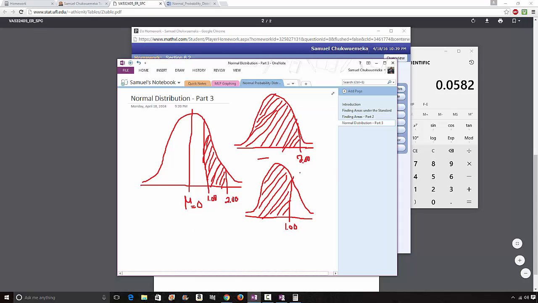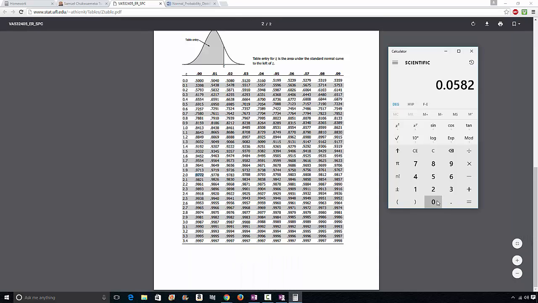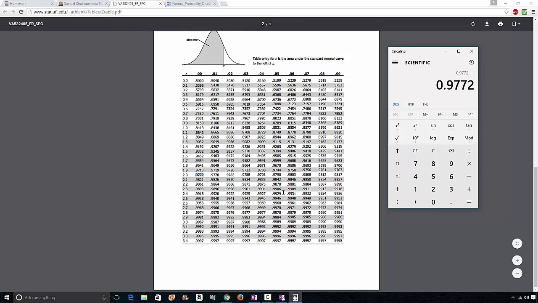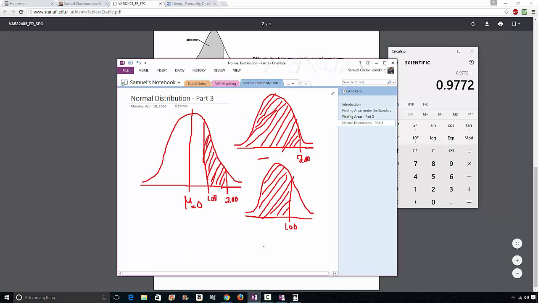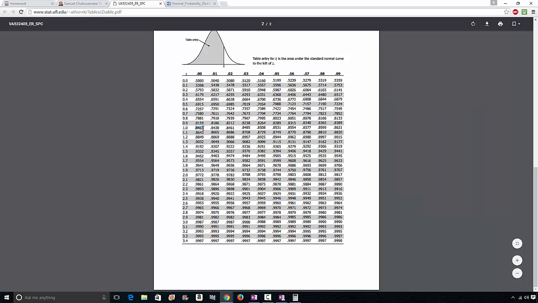So let us find the area for z equal to 2.00. So 2.00 under 0.00, and that is 0.9772. So we write 0.9772 minus, then we find for 1.00, okay? 1.0 under 0.00 is 0.8413.